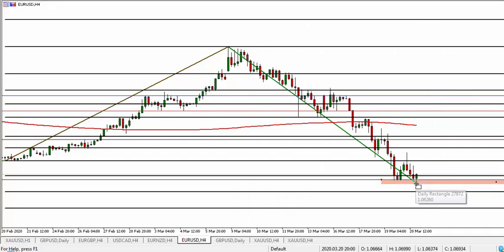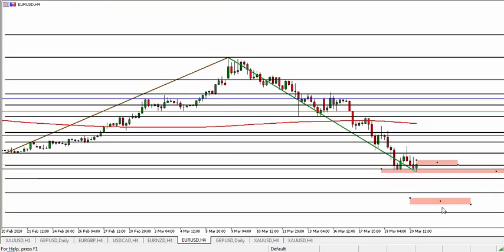So you can start from here. This can be your stop loss guys, this can be your first target, this can be your second, and we have also next one, which is this area.